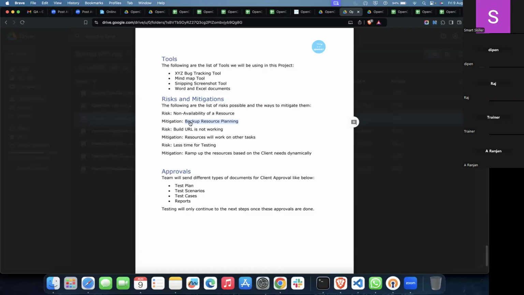Suppose that there might be some other projects that are in the pipeline, or any second iterations of that same software that we need to work on. So the testing lead might tell you to go ahead and start working on those test cases or test plan.